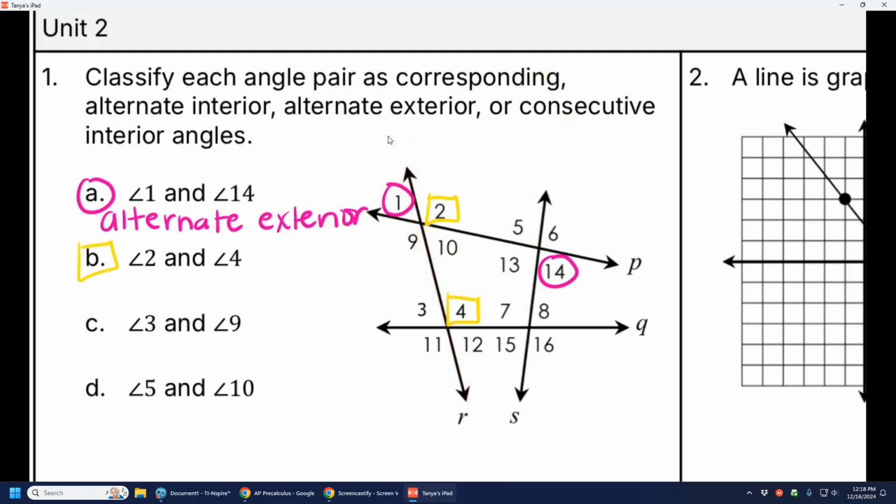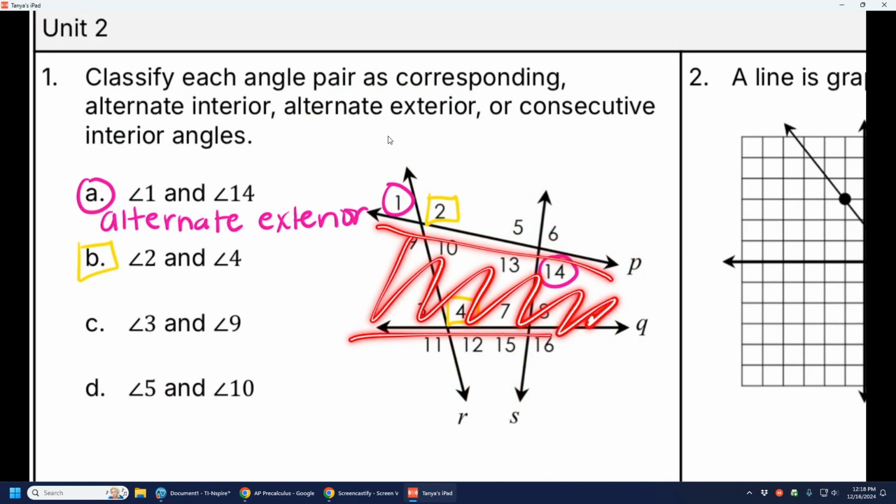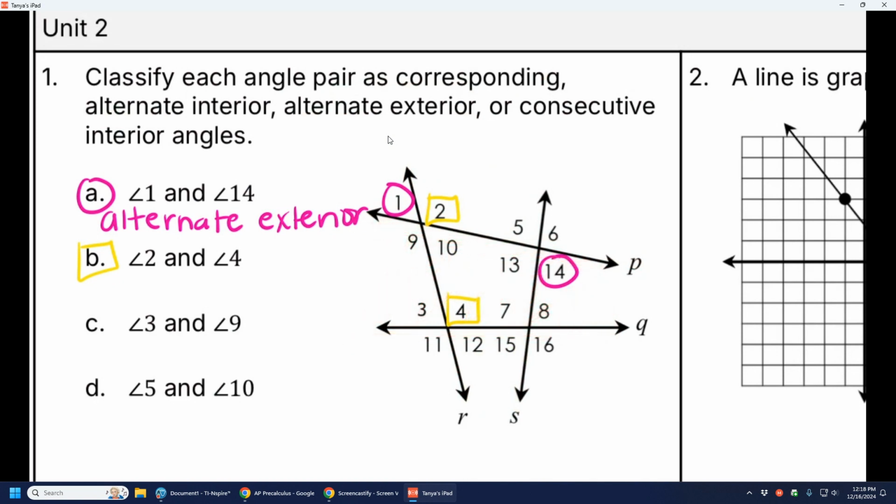But now when you look at the different lines that they're touching, both of them are on top. So in between the lines would have been interior. One is interior, one's exterior. So the only thing that this can be is corresponding. On their little intersections, both of those are on the top right.